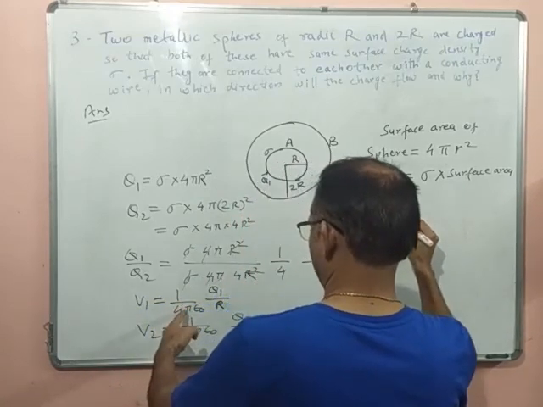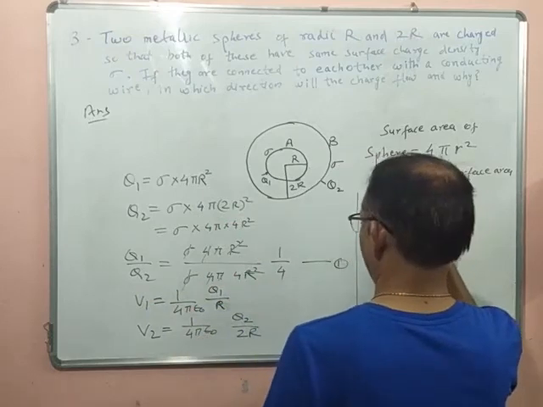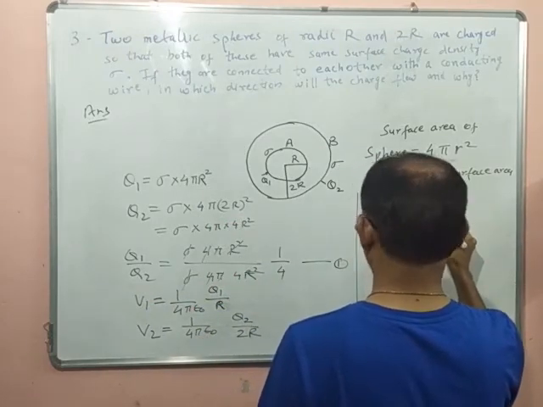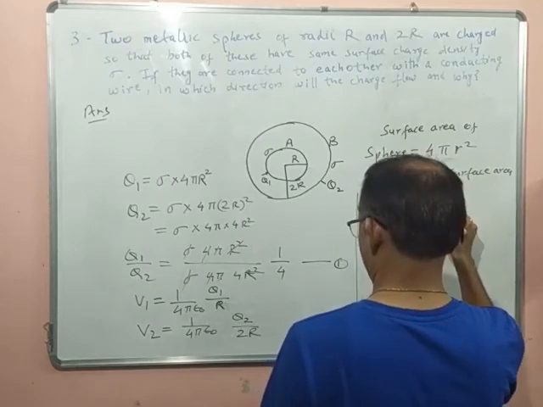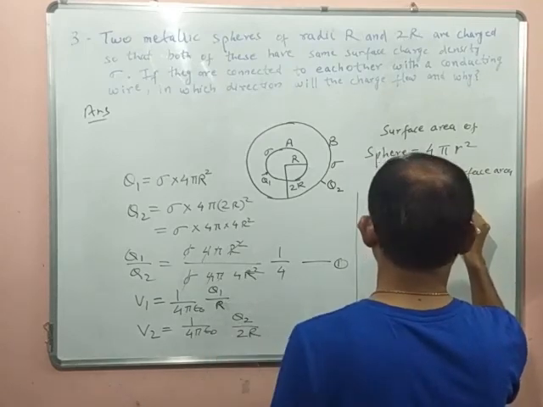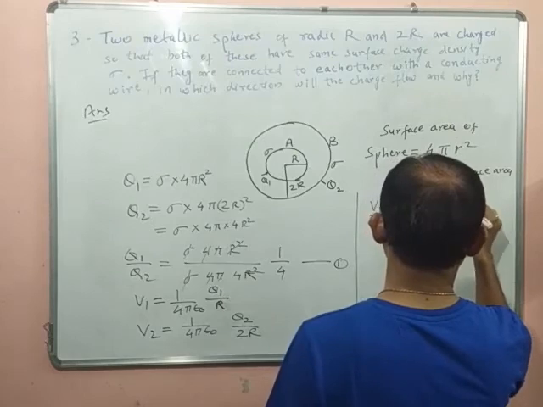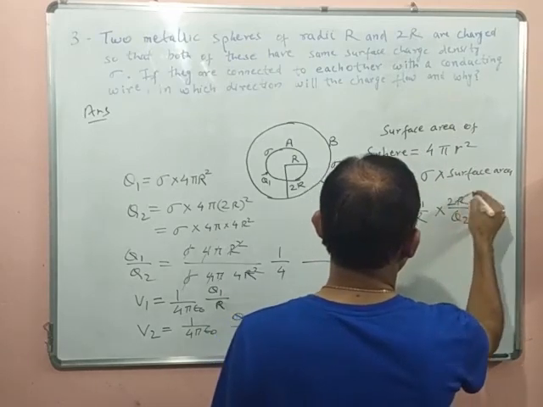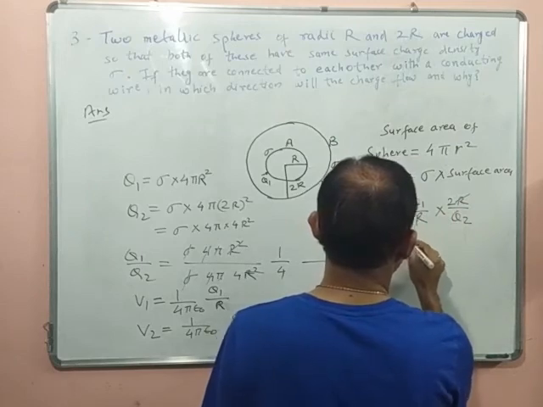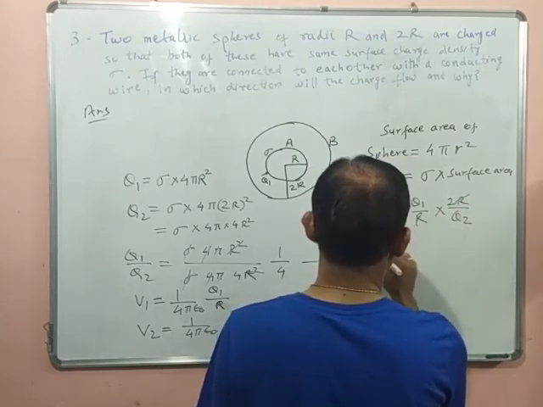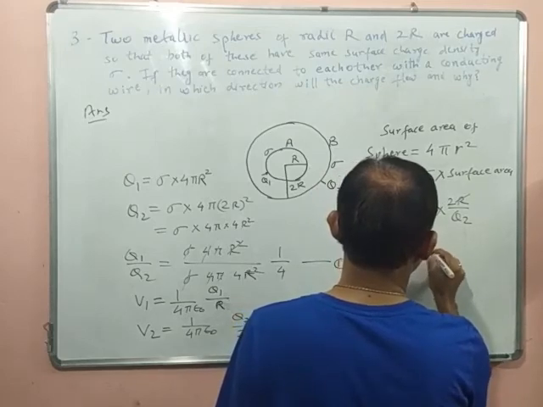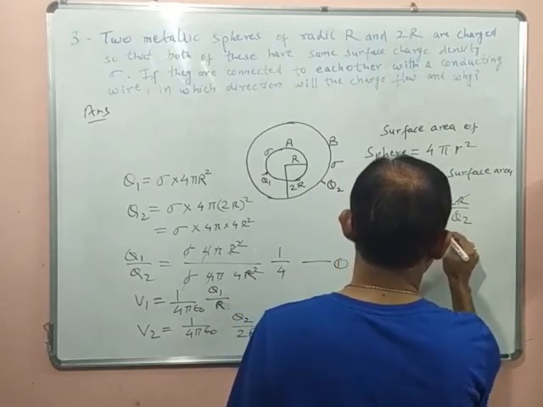Again 1 upon 4 pi epsilon naught, both will cancel out. It will be Q1 upon R into 2R upon Q2. So R and R will cancel out. V1 upon V2 is equal to Q1 upon Q2 multiplied by 2.